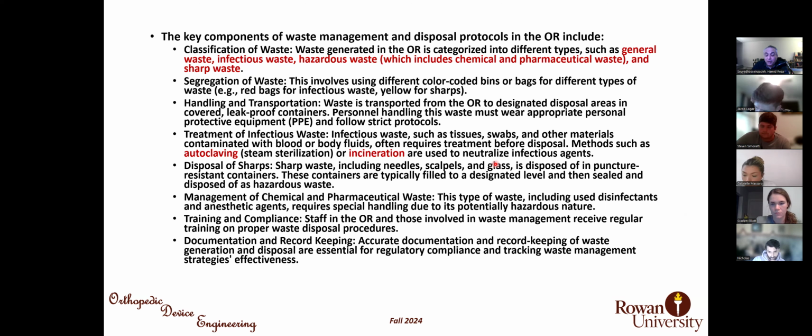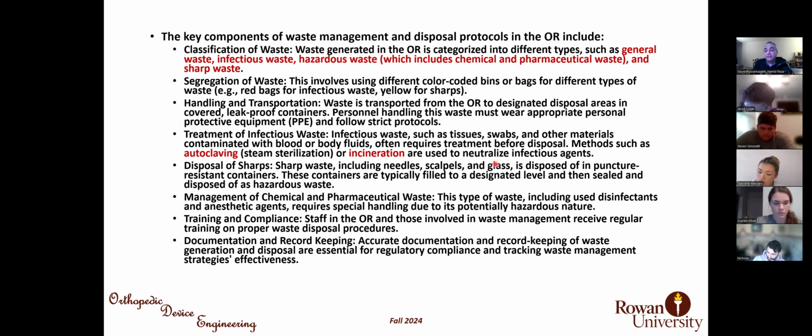It must be picked up by a specific car and moved to a specific area for disposal, because it not only contains biologic waste, it contains chemical waste, it contains sharp waste. So each one of them should be packaged separately.